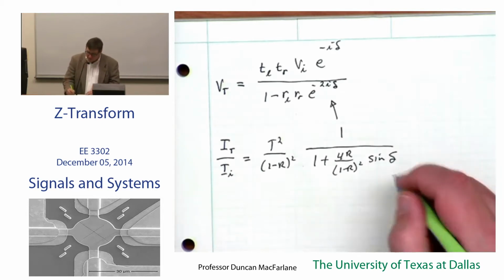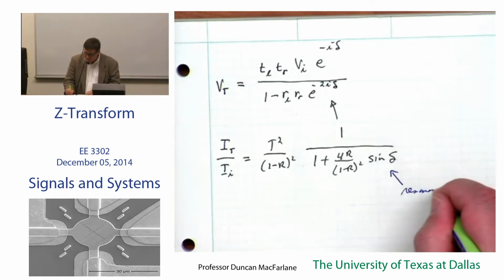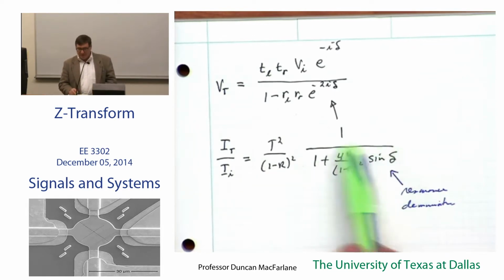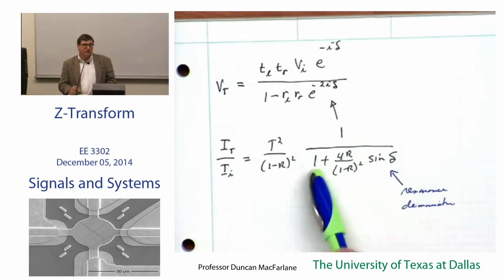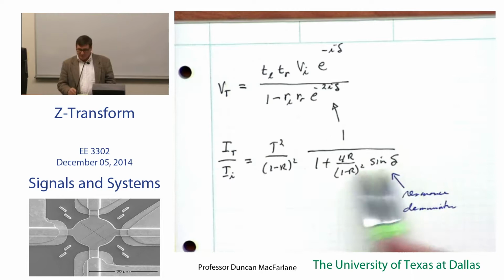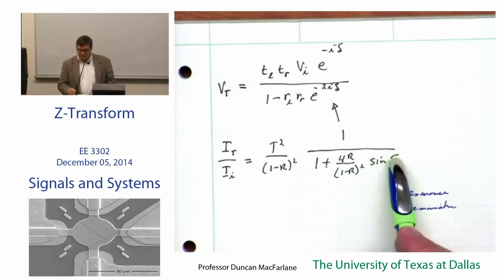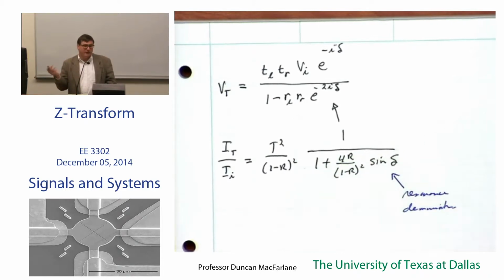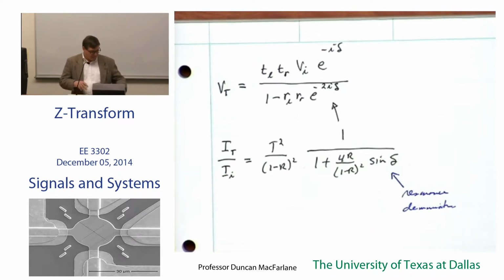And I notice that this is a resonance denominator. So whenever e to the minus 2I delta is equal to 1, then the denominator gets big. Okay? When delta is equal to 0, I have unity response. When delta is equal to, what is it, pi? If you flip sign, pi over 2, minus pi over 2, and if we could figure out a way to make that equal to 1, you'd have an infinite response. Okay?